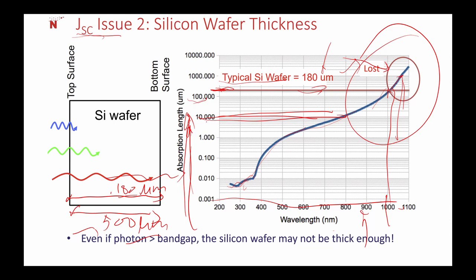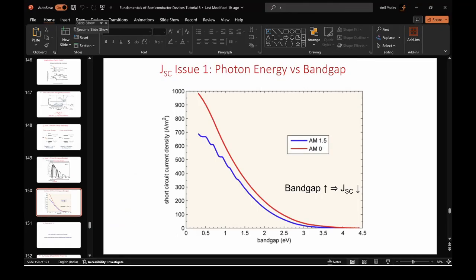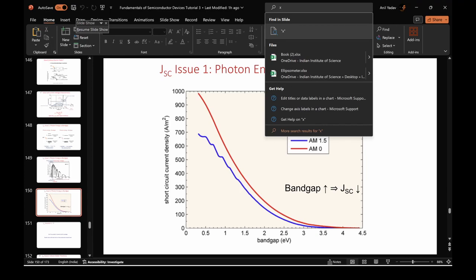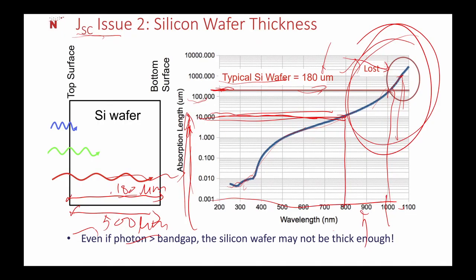Let's say we are just taking a 10 micrometer thick wafer, so we will lose this whole part. If the film thickness is very small, we will be losing this.